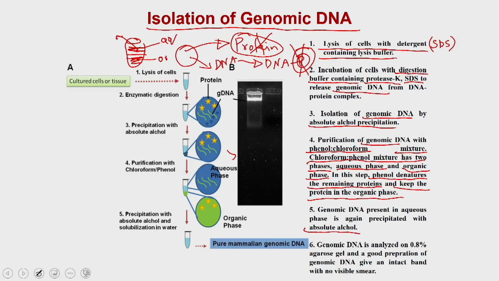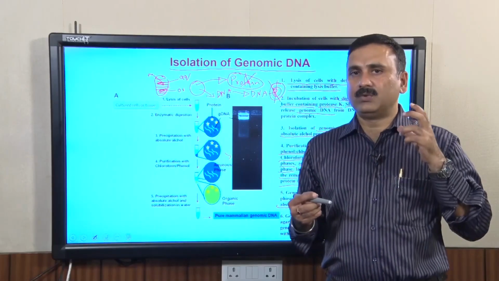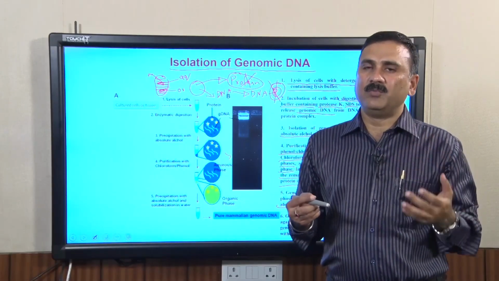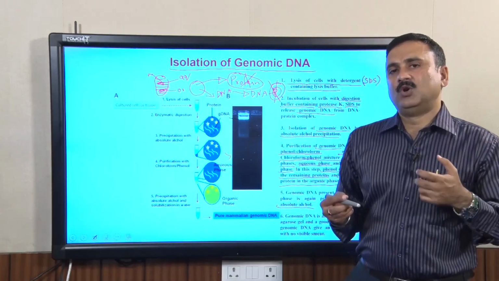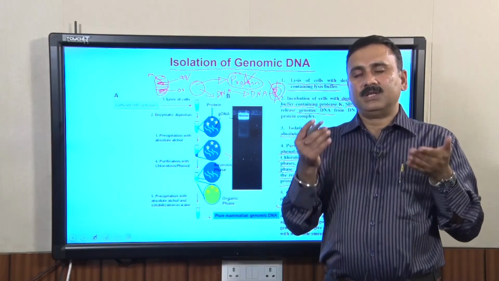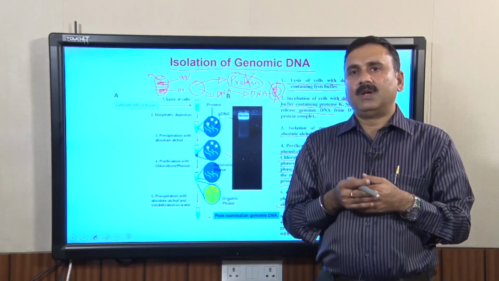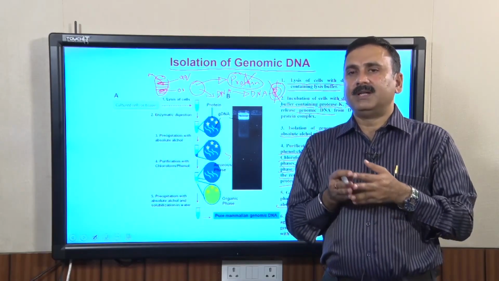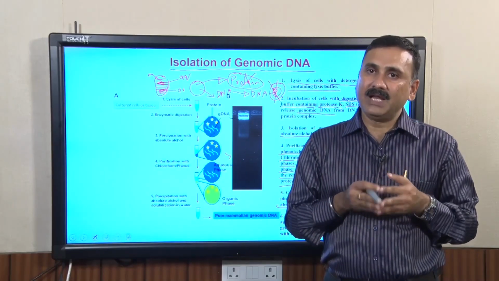Now you have the genomic DNA isolated from the cell, but you have to analyze it on an agarose gel, or agarose electrophoresis, to check whether the quality of the genomic DNA you have purified is good enough to prepare a genomic library, because genomic library preparation is a long process, and you have to ensure that the genomic DNA is of very high quality.